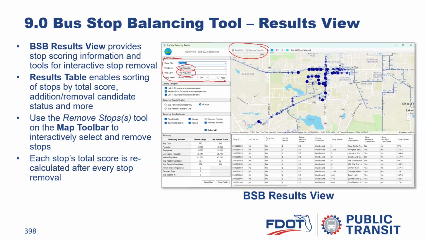Because once you remove a stop, that changes the stop distance between the stop you removed and the stop before and the stop after it. So those need to be rescored, and they may fall out as candidates for removal. So we'll talk about that on the next slide.